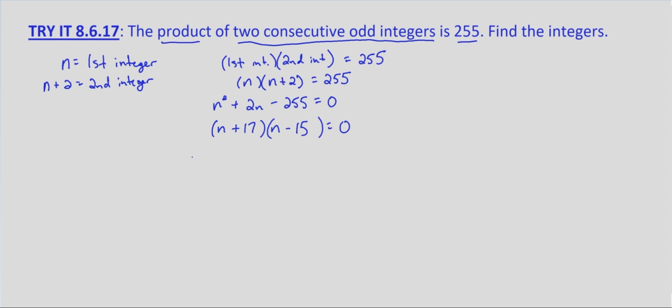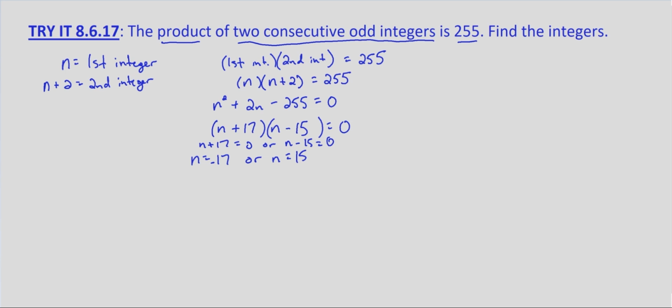So this means that n equals 17, or excuse me, n equals negative 17, or n equals 15. And that's simply from using the zero product property, we have n plus 17 equals 0, or n minus 15 equals 0.